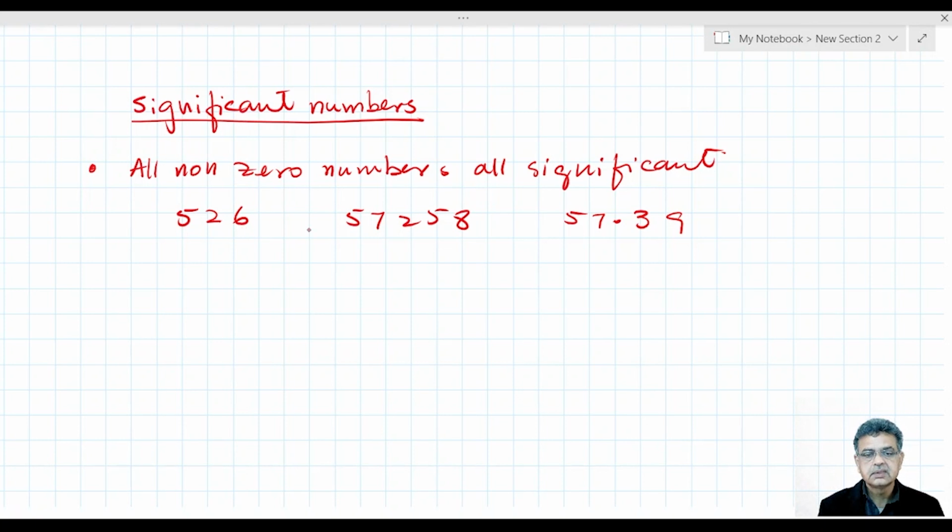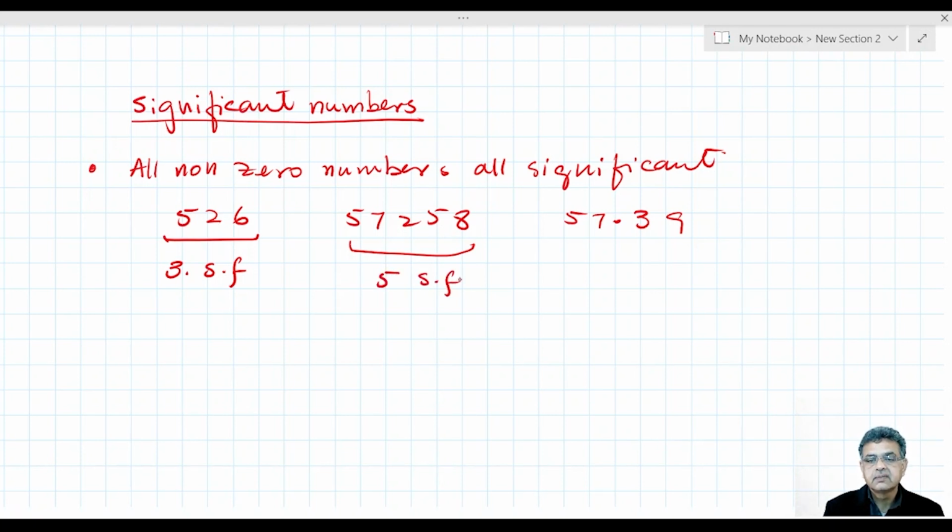If all the non-zero digits are there, then this number, this one, is three significant figures, 1, 2, 3. In this number, 1, 2, 3, 4, 5 digits are there, and there is no zero in this. All the non-zero digits are there. So this is 5 significant figures.